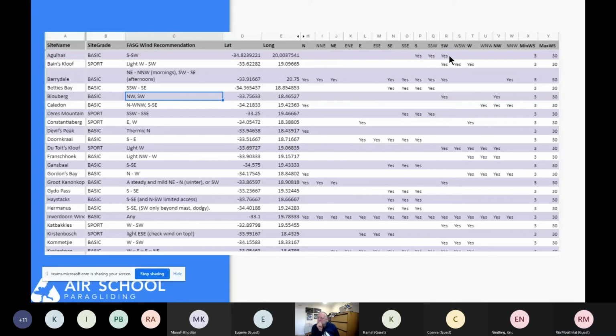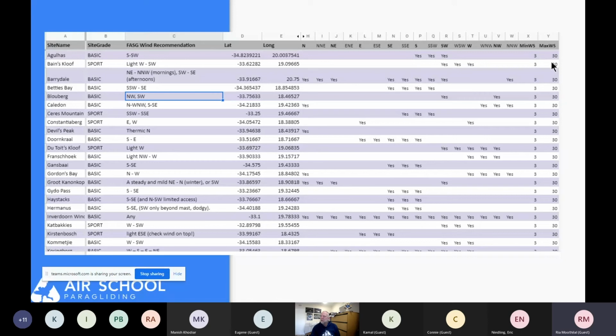And for each of the sites, I put a minimum wind speed of 3 kilometers an hour and a maximum of 30. I didn't want zero wind. I wanted at least some wind, which is helpful, but not too strong. So now at a takeoff site level, we know what's acceptable for each of these sites.